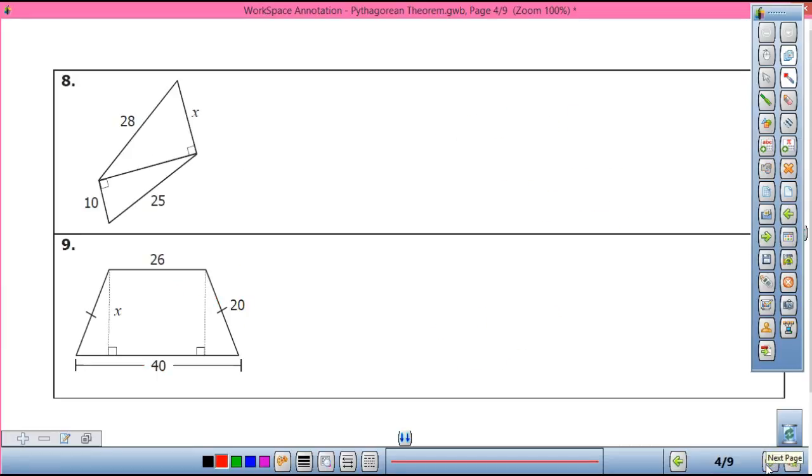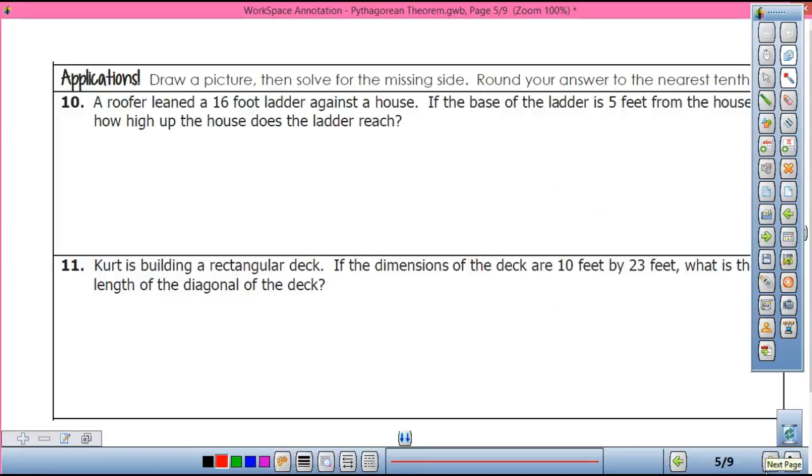All right, let's go on. All right, so a roofer leans a 16-foot ladder against the house. Okay, so this is my house. And this is my ladder. Where do I put my 16? On the hypotenuse, because my ladder is 16 feet, right?